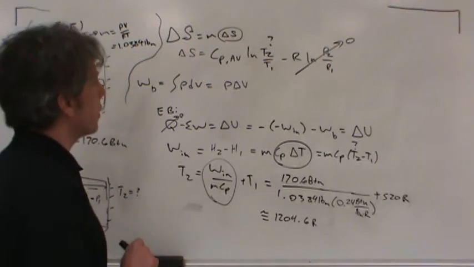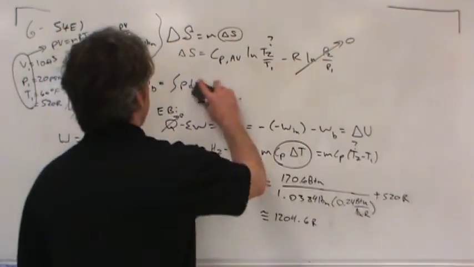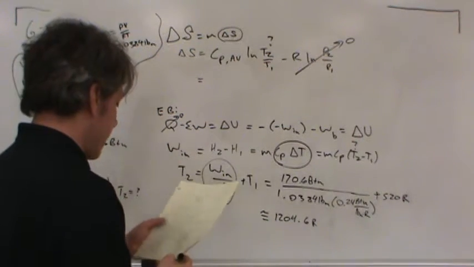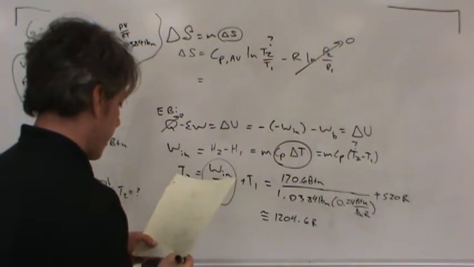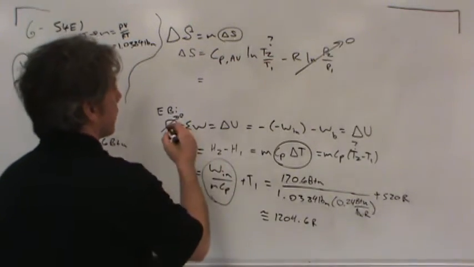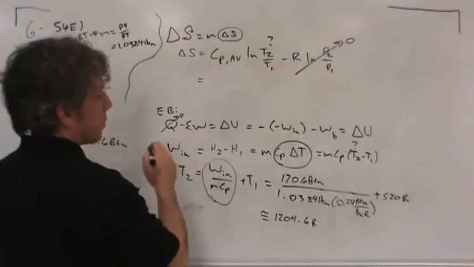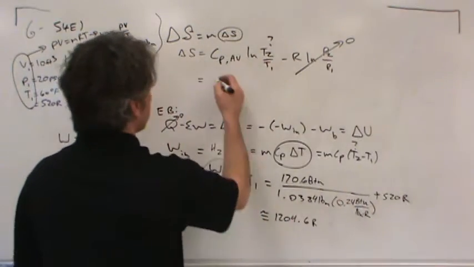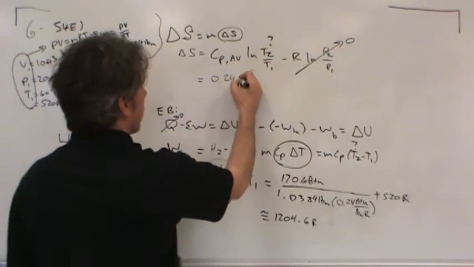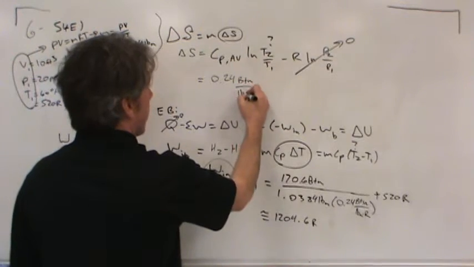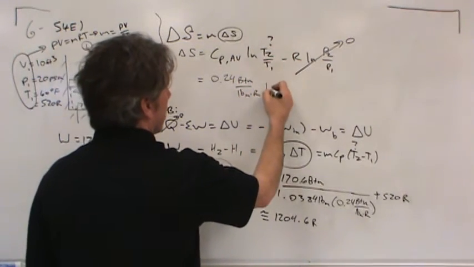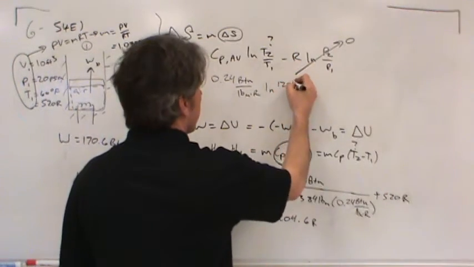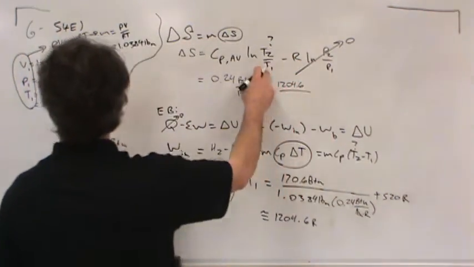So there's the temperature in state 2. So now, finally, let's calculate the specific entropy change. I'll need calculator help here as well because I did not write down this intermediate result. The heat capacity Cp is still 0.24 BTUs per pound mass Rankine. The temperature ratio will be 1204.6 Rankine over T1.